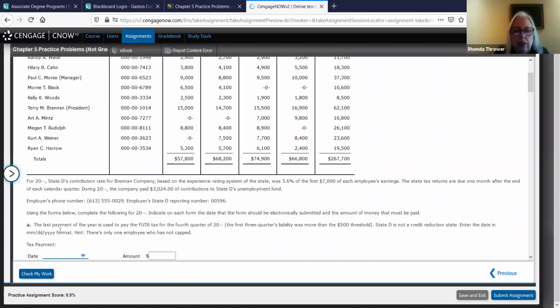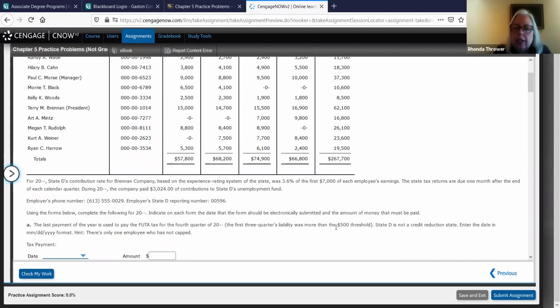In Part A, the last payment of the year is used to pay FUTA taxes for the fourth quarter of 2021. The first 3 quarters liability was more than the $500 threshold. So what that means is they had to make more than one payment this year.